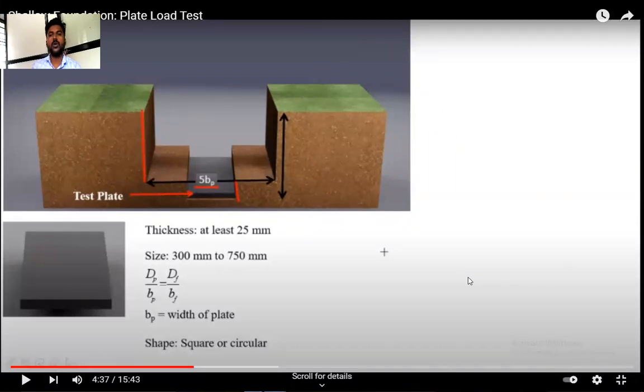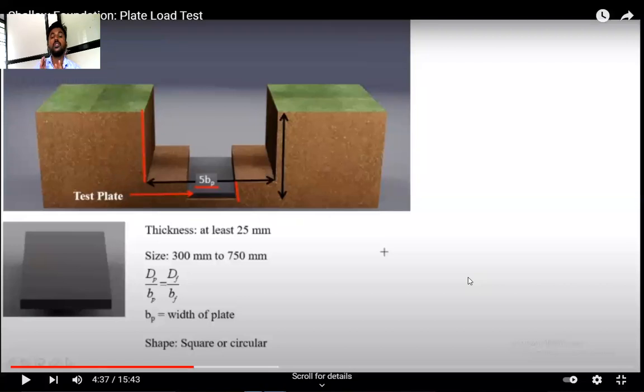How to use the plates totally depends on the type of foundation. If we are going for a square foundation, we need to use a square plate, and if it is a circular foundation, we need to go with a circular plate.